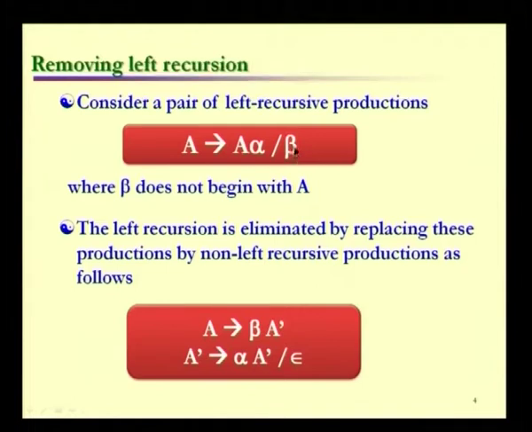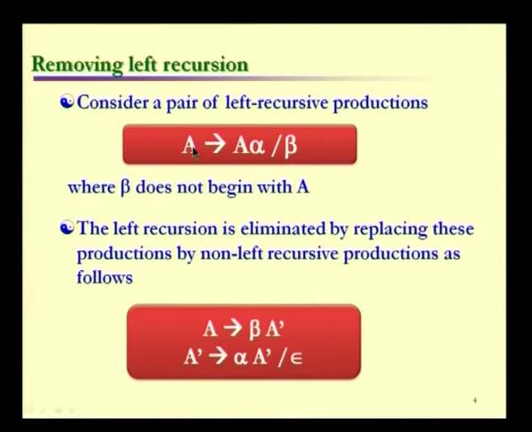Now, how are we rewriting this grammar? Rewriting the grammar means we will write the non left recursive component first. As far as this production is concerned, the non left recursive component is beta, and first you write beta. So, A derives beta. Since we are writing the production for A deriving beta, we are completely void of left recursion now.